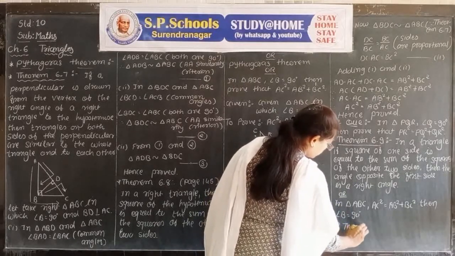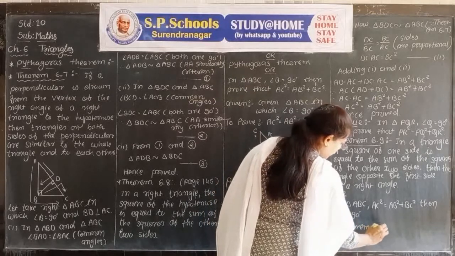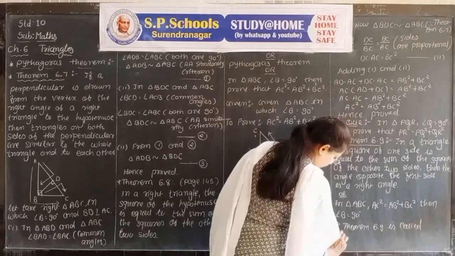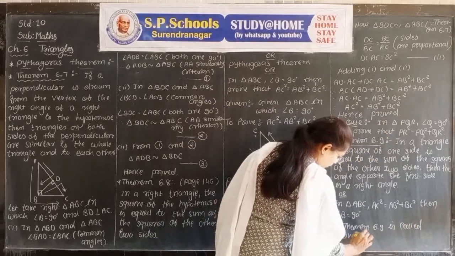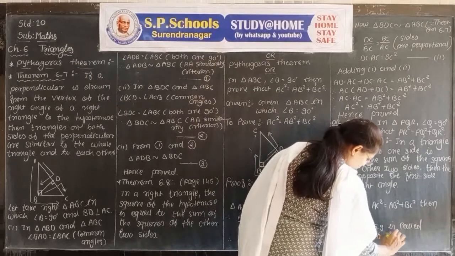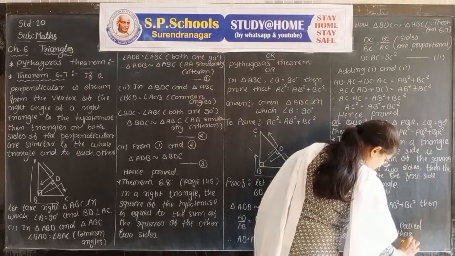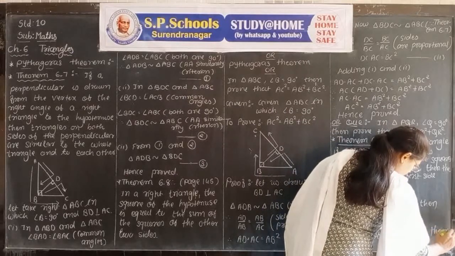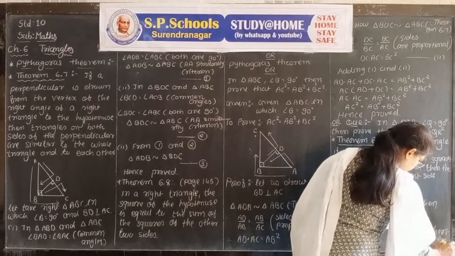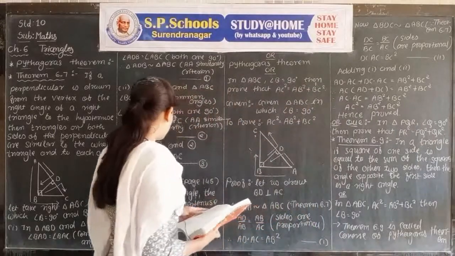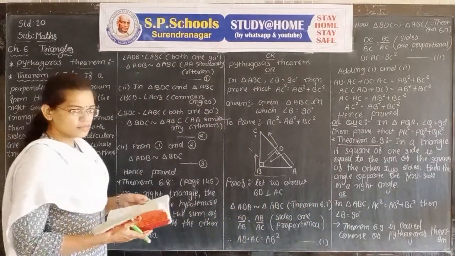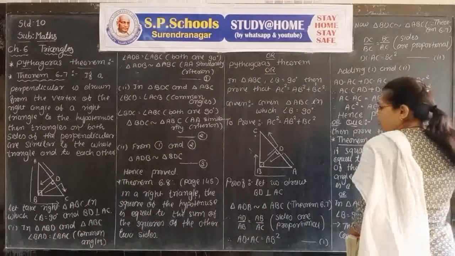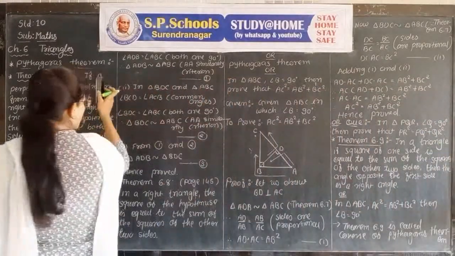Theorem 6.9 is called the converse of Pythagoras theorem. Theorem 6.8 is the most important theorem, so keep in mind the proof of Pythagoras theorem.